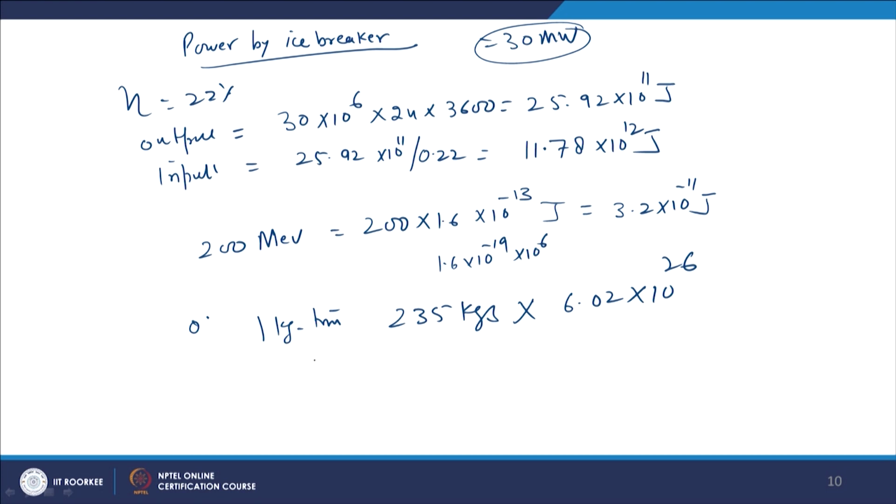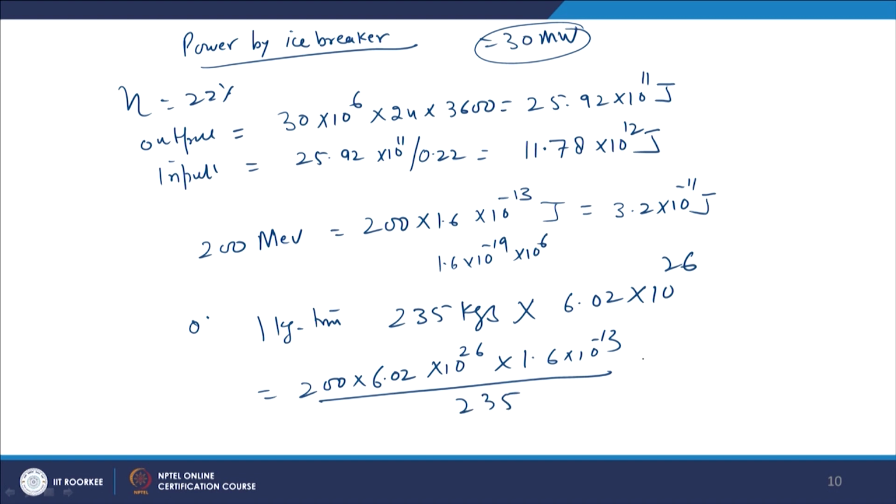So, the total energy released is 200 into 6.02 into 10 to power 26 into 1.6 into 10 to power minus 13 divided by 235 is equal to 8.2 into 10 to power 13 joules per kg of uranium.